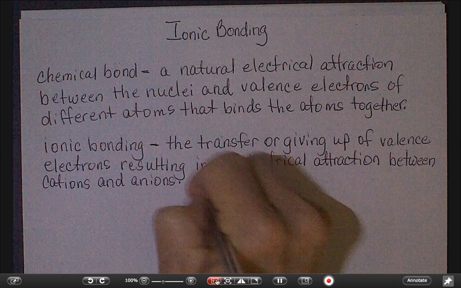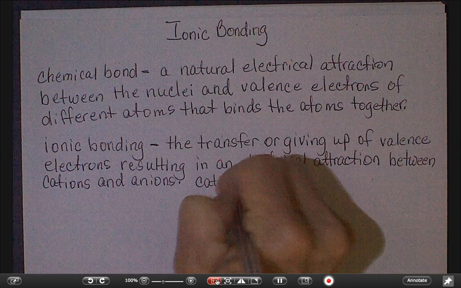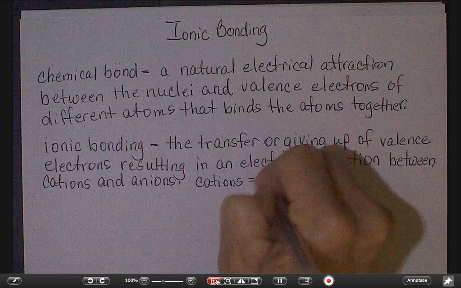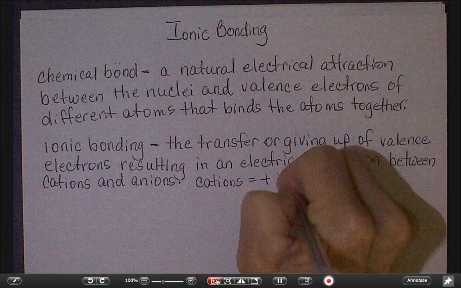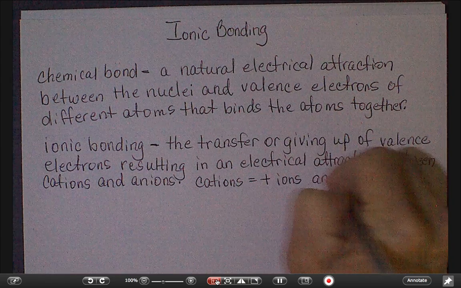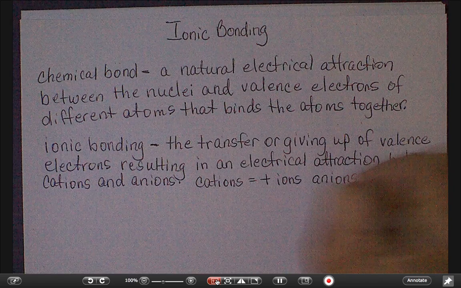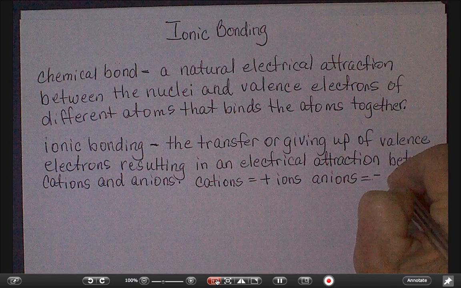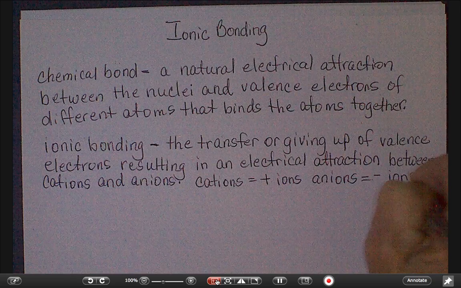Remember, cations are what? Positive charge. Anions, negative ions. Very good. Okay.